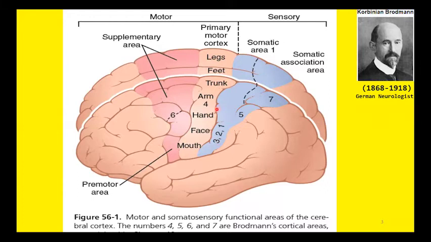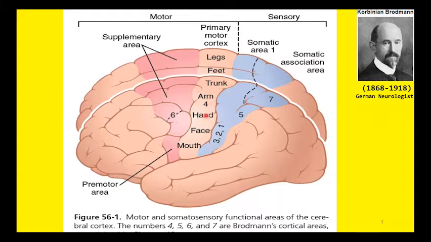As you can see, this is the central sulcus, centrally placed on the lateral surface of the cerebrum. The part of the cerebrum posterior to the central sulcus is the sensory portion, as you can see by this dotted line, and the portion anterior to the central sulcus is the motor cortex. So we are done with the sensory part. Now we will discuss the motor cortex.